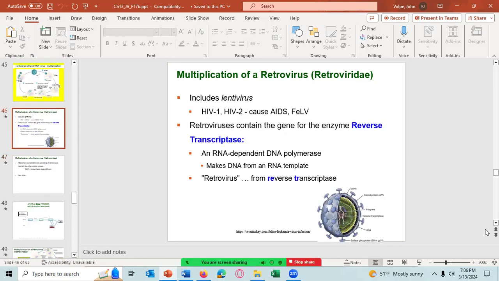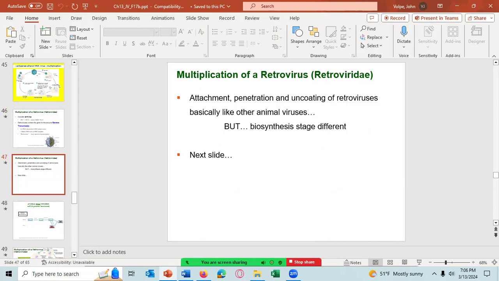For the family of retroviruses, you should know that they're special because they have the enzyme reverse transcriptase, which can make single-strand DNA out of RNA and then can make double-strand DNA out of single-strand DNA.